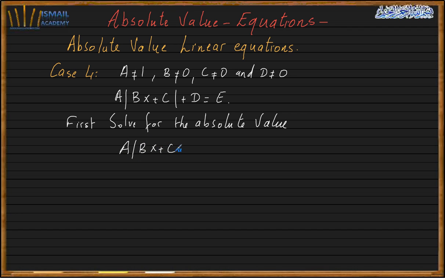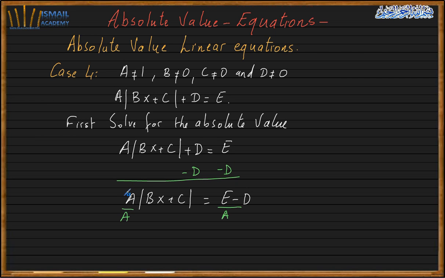I don't say no solution or two solutions or anything else. First, I move everything around. We'll end up having the absolute value equals E minus D. Then I divide both sides by A. Get used to this, because you may make a mistake when you divide.